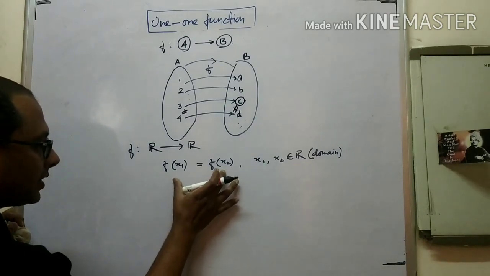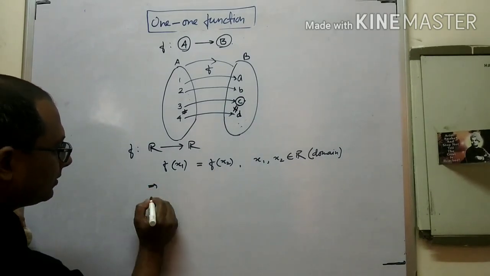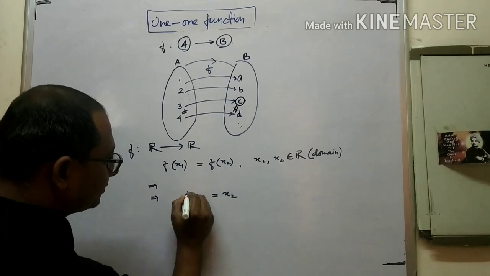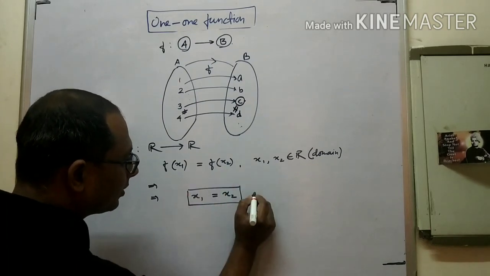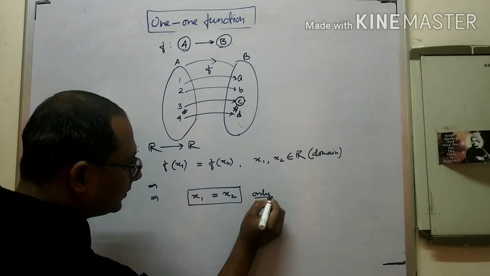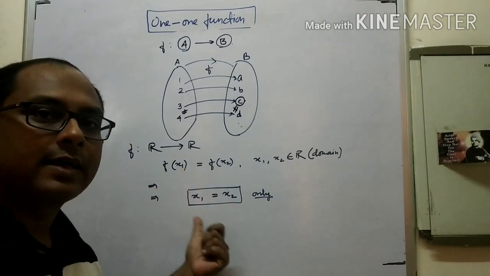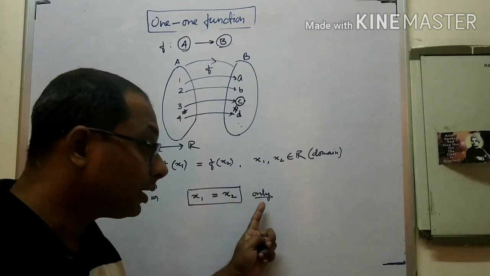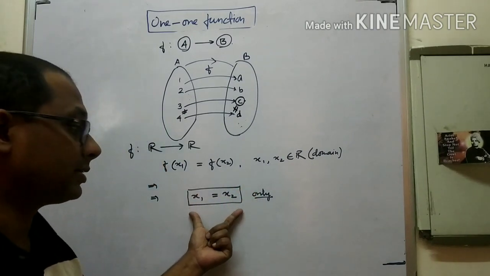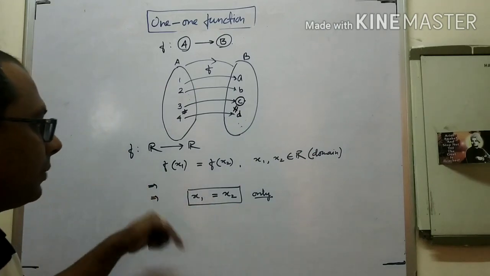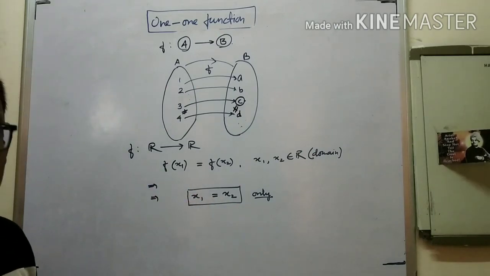By using the definition of the function, if we can show that x1 equal to x2 only, and no other result is ever associated with this, then we'll be able to say that this function is 1-1.